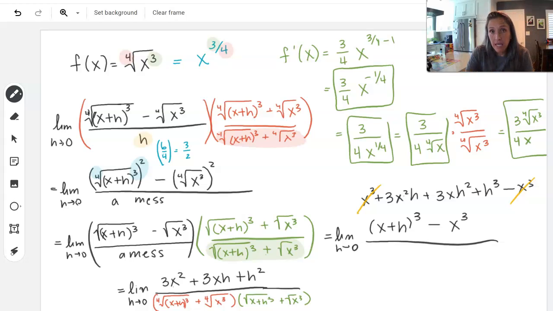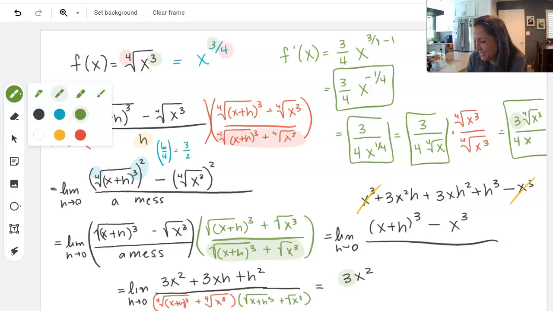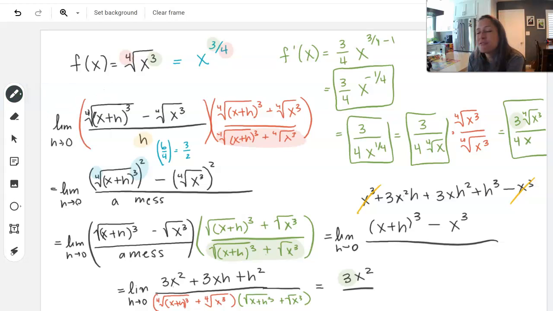Cool. And now we no longer have our 0 over 0 because we canceled that h. So we can plug in 0 for h, which is going to give us some magical things, right? We end up with just a 3x squared in our numerator. That's feeling good because at least we see the 3 from my power rule, right? I'm going, okay, something didn't get too screwed up, maybe. We still have yet to see if I can pull this all off.